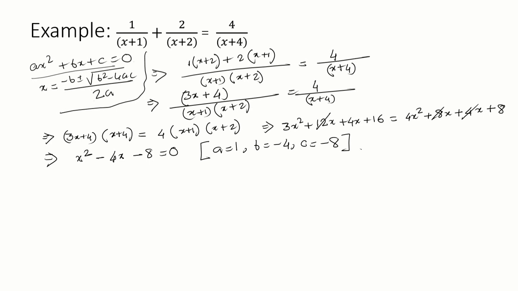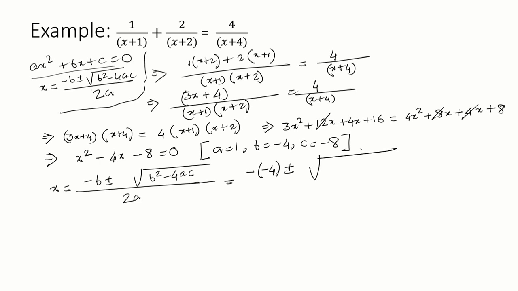So from here we can simply use the formula x equals minus b plus minus root over b square minus 4ac by 2a. We plug in the numbers: b is minus 4, so x equals minus of minus 4, plus minus root over minus 4 square minus 4 into a is 1, c is minus 8, by 2 times a is 1.